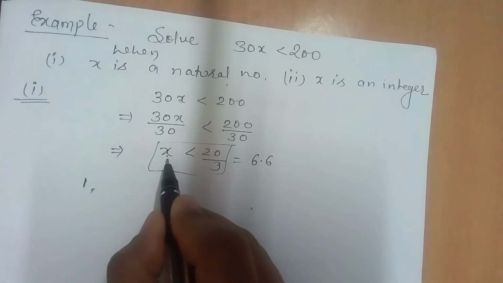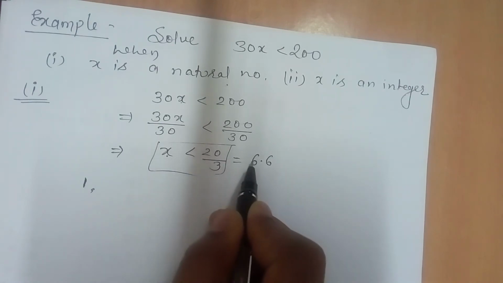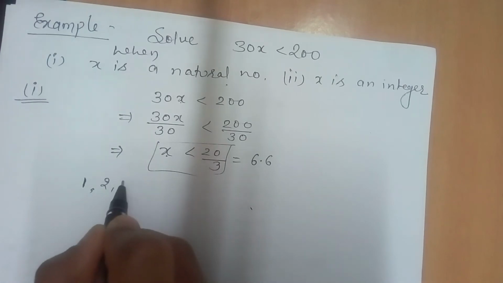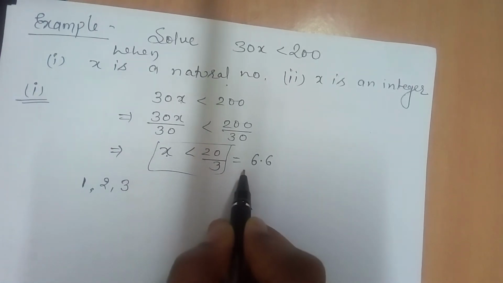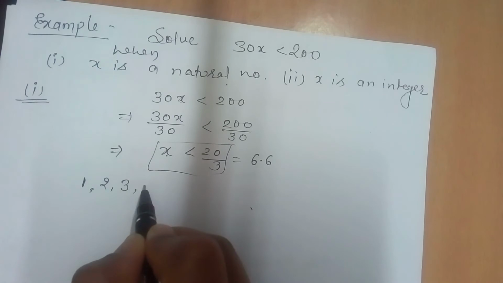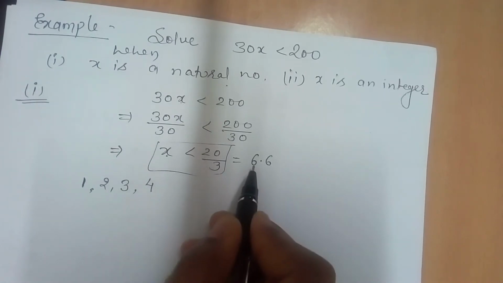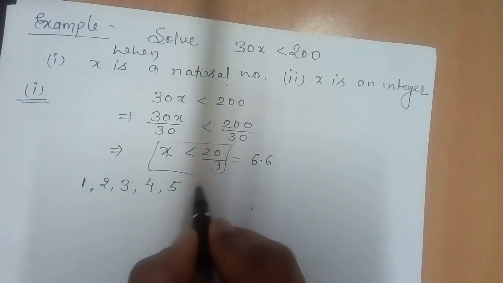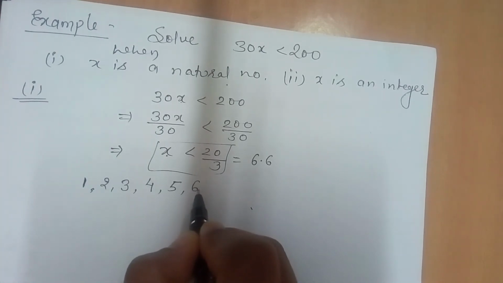X equals 2, yes, because 2 is less than 6.6. X equals 3, again the statement is true. X equals 4, again it's true. X equals 5, it's true. X equals 6, yes, 6 is less than 6.6, so here also the statement is true.